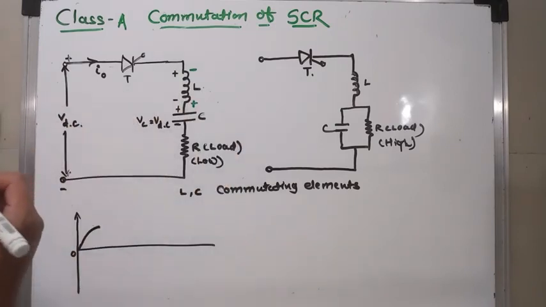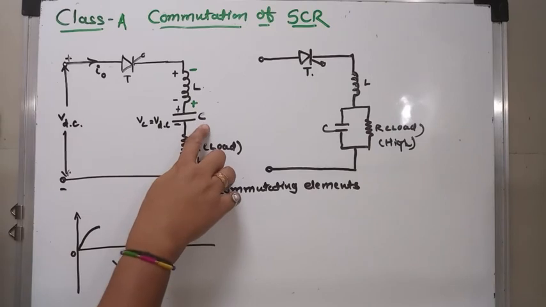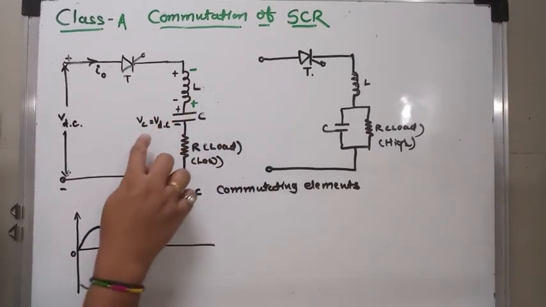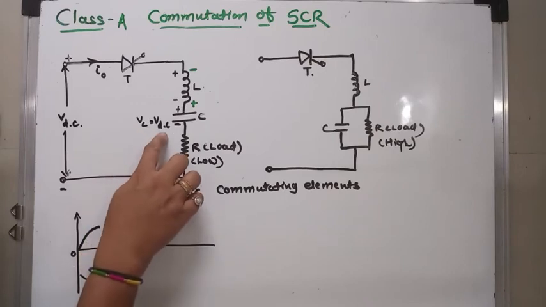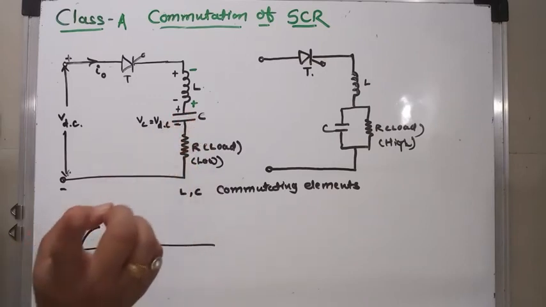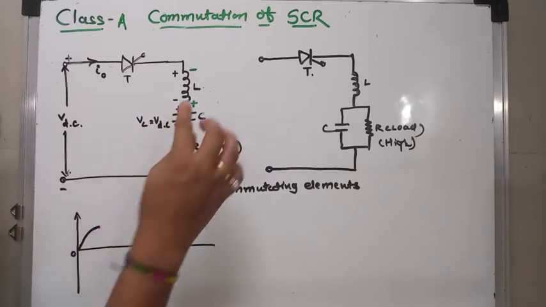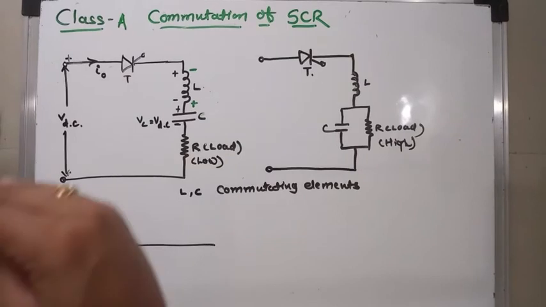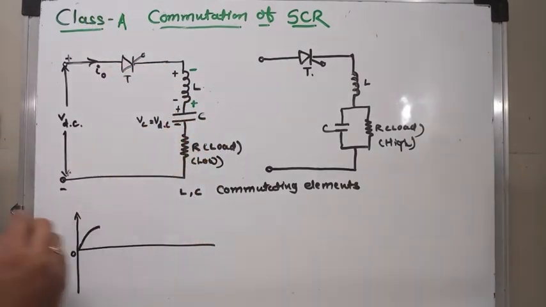And then, the capacitor is fully charged, meaning the voltage across the capacitor VC is equal to VDC, but still the current flows due to the inductor, and that's why the capacitor charges further.